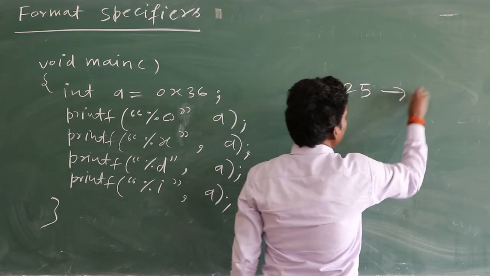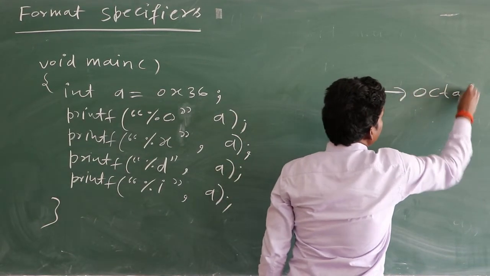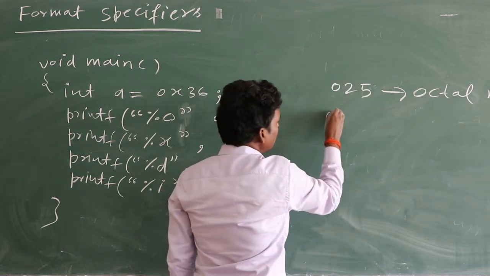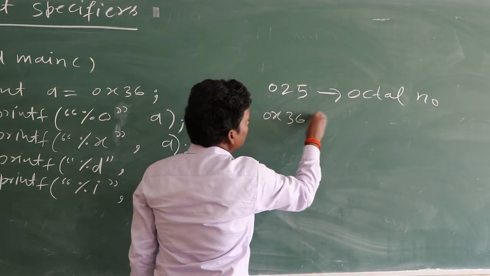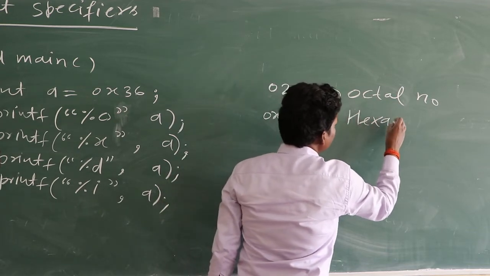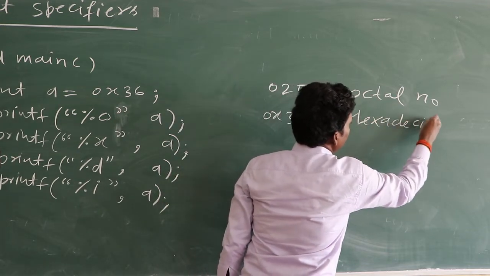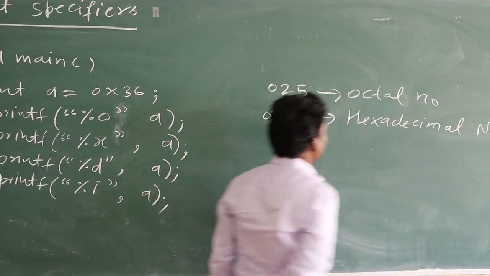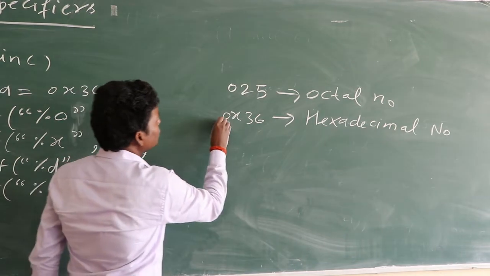this represents an octal number because there is a leading 0. This is a hexadecimal number because there is a leading 0x.